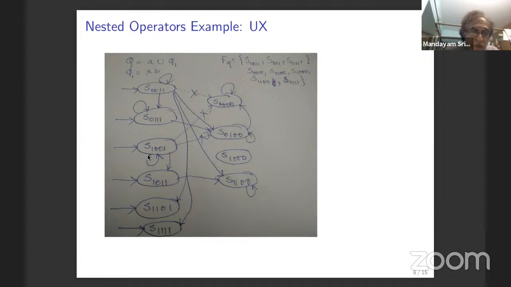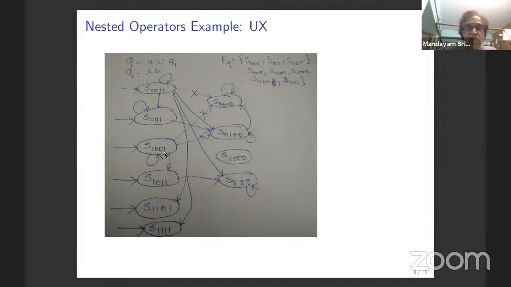And since that can be indefinitely long, this self loop here, the path which continuously takes the self loop, is not a fair path.